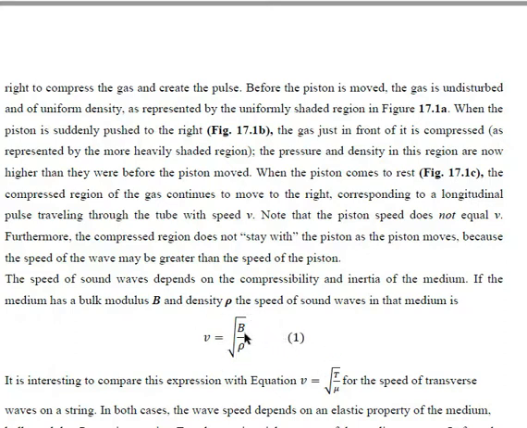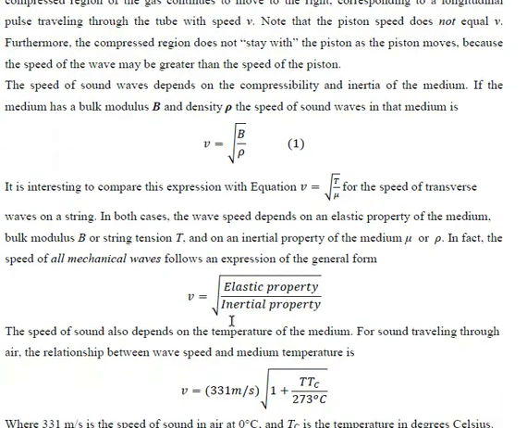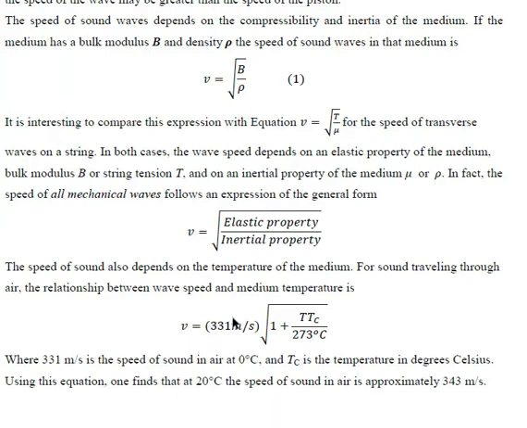If we compare this relation with that of the sinusoidal transverse traveling wave along a stretched string, that is v equals square root of T over mu, we see that there is a similarity between them. Here the bulk modulus is an elastic property, and in the denominator there is an inertial property.